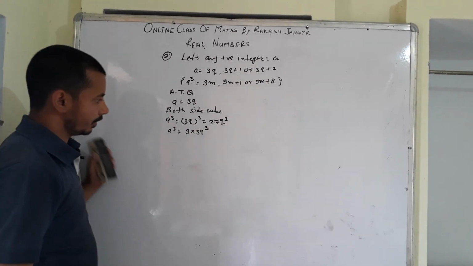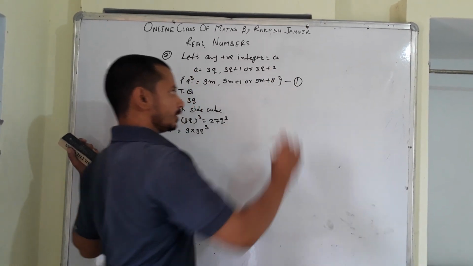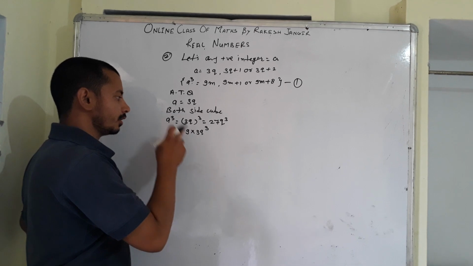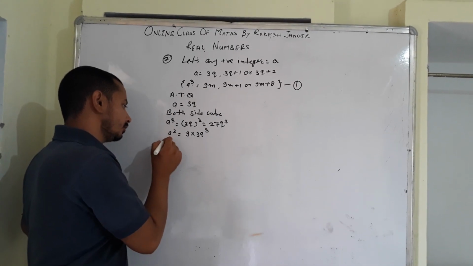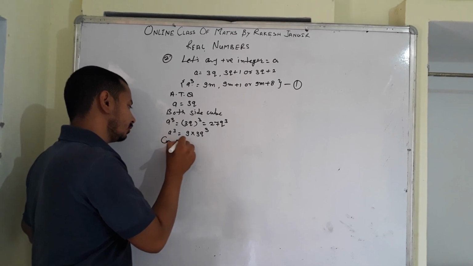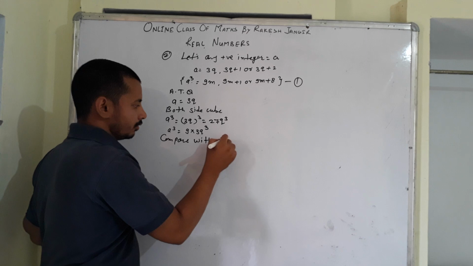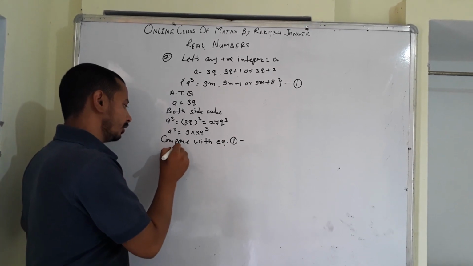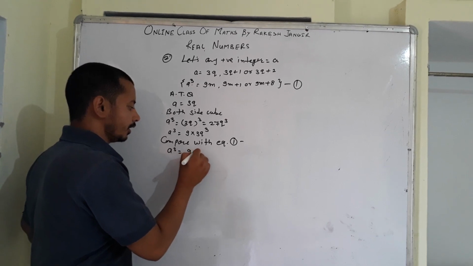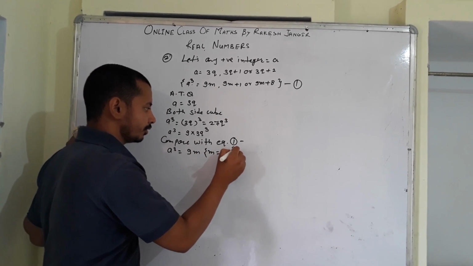Okay, when we compare the last step with equation first, then we find a cube equals 9m and the value of m equals 3q cube.